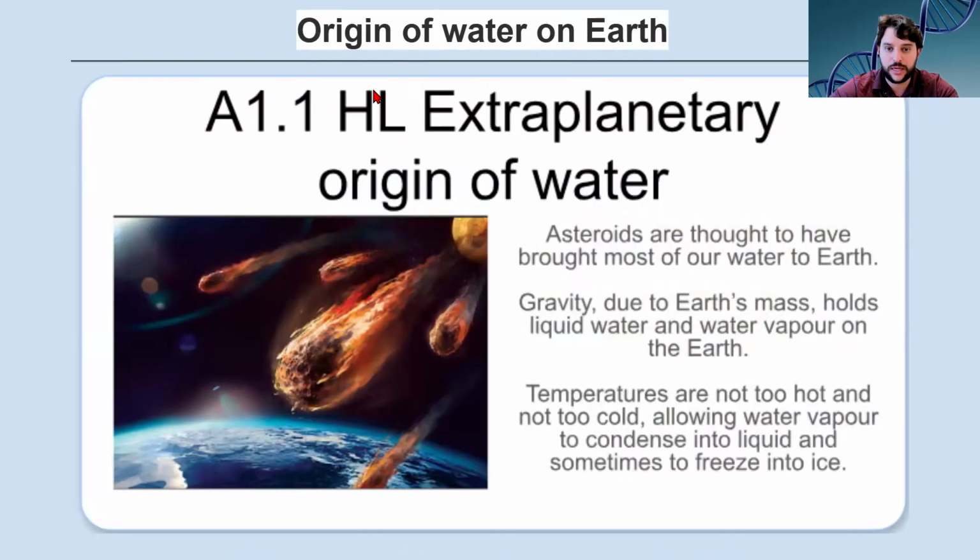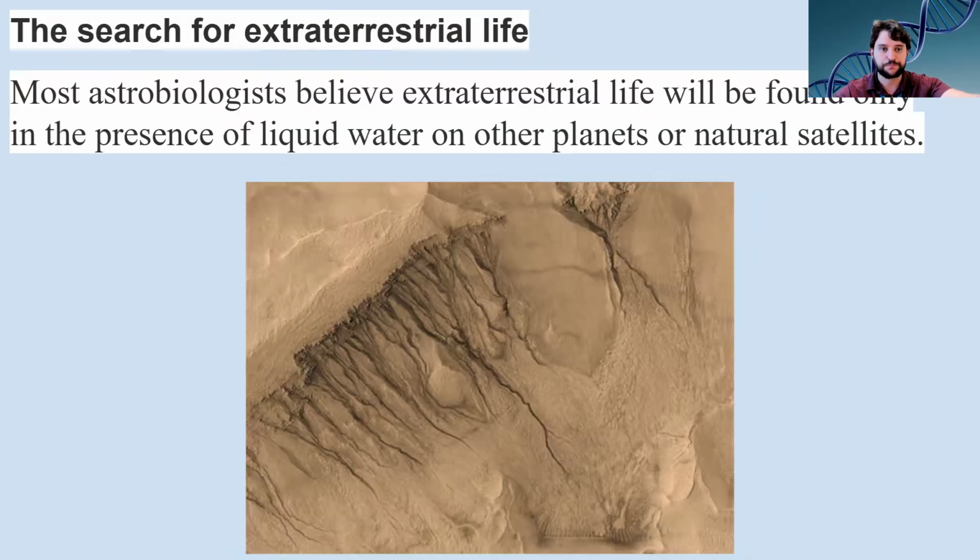So why do we have this hypothesis of extraplanetary origin of water? Because water is a pretty common chemical in the universe. Although it's essential for us, and although it's valuable for us, it's not something very unusual in the galaxies, in the universe out there. Okay, so this is a very plausible hypothesis for the origin of water.